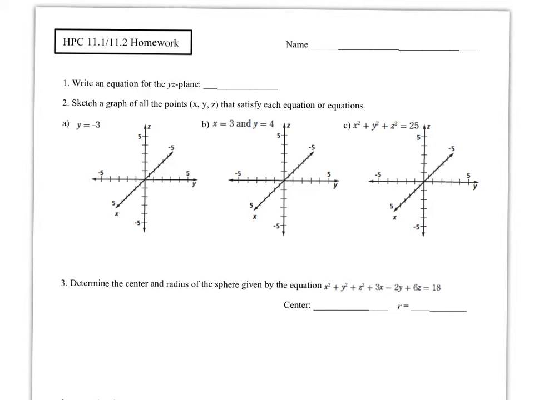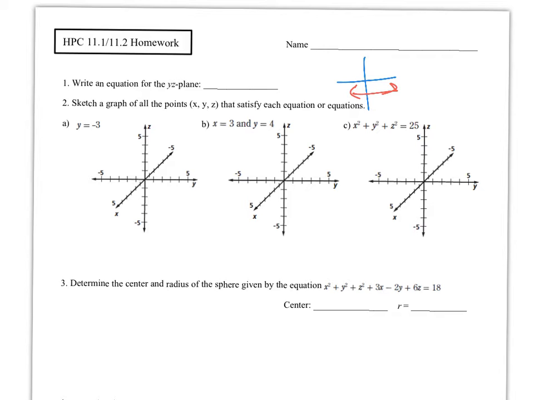So in part A, you're asked to sketch y equals -3. If you remember from class, when we were in 2D land and we just had something like y equals -3, that's just a line. In 3D, though, it's not just a line because there's a second dimension that it doesn't matter what it is.